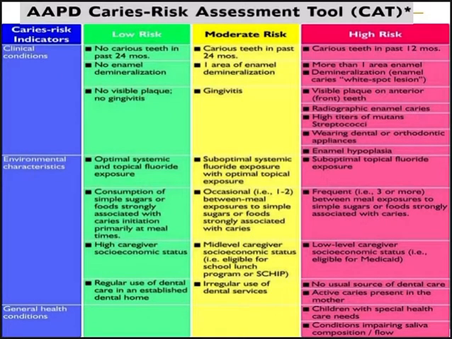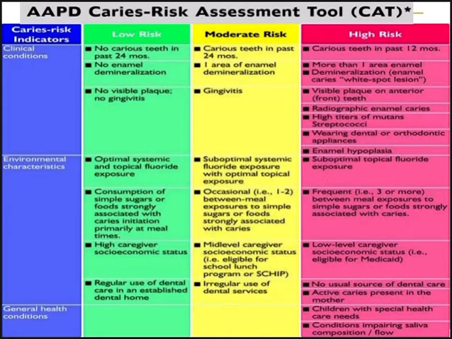It is categorized, as you already know, based on 3 things: the clinical conditions, that means you examine the oral cavity and categorize; environmental conditions, that means how is the systemic fluoride, is he using optimal or suboptimal fluorides, or how is his sugar intake, is he using sugared snacks at meals or in between meals, and if in between meals, how many times.